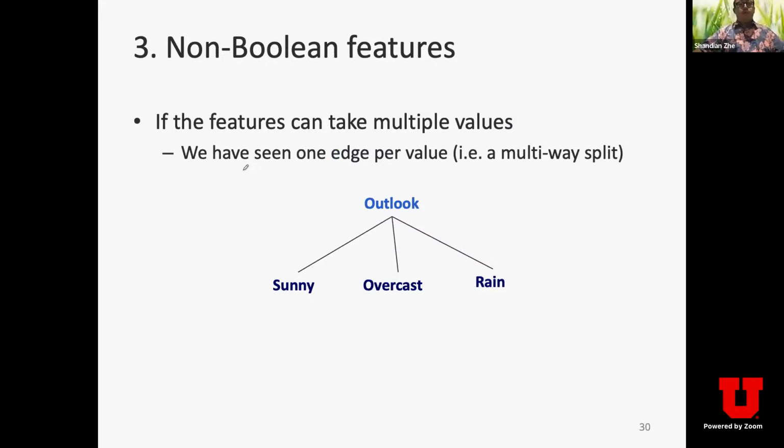But what if your discrete feature itself can have multiple values? For example, if your attribute is a brand, you might have 1,000 brands. And if you want to pick brand to split on a data set, you're gonna grow 1,000 branches, making your tree very, very large. That's not something we want. Remember, our goal is to make the tree as small as possible.